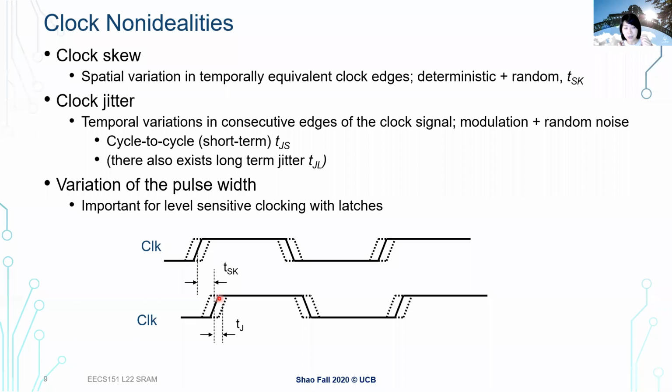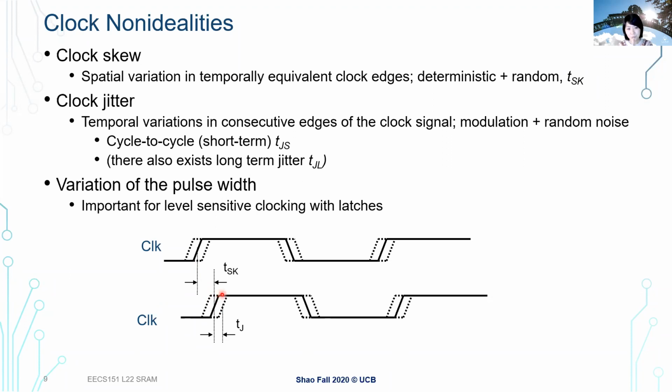We call them both clock signals, but they may not show up at the same time. So the spatial difference, or what we call clock skew, is a way to specify the differences between two clock signals used to trigger two different flip-flops located in two different places.